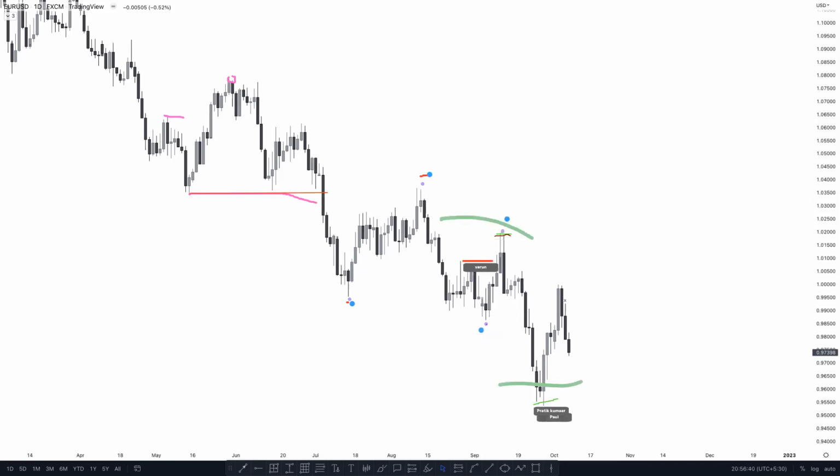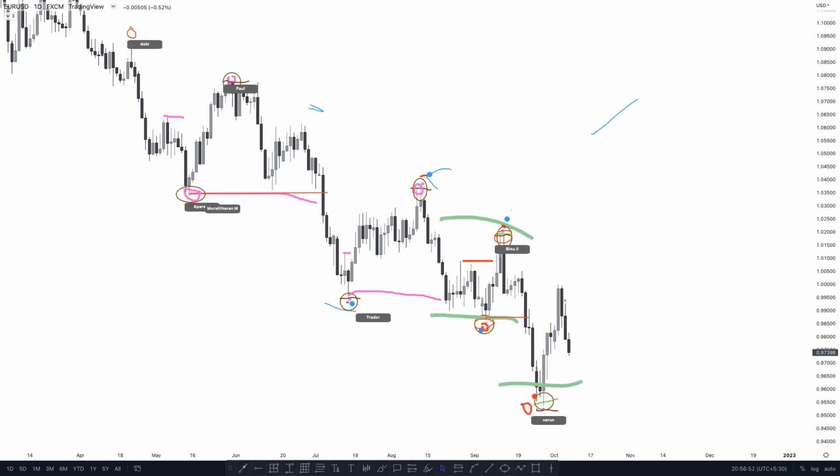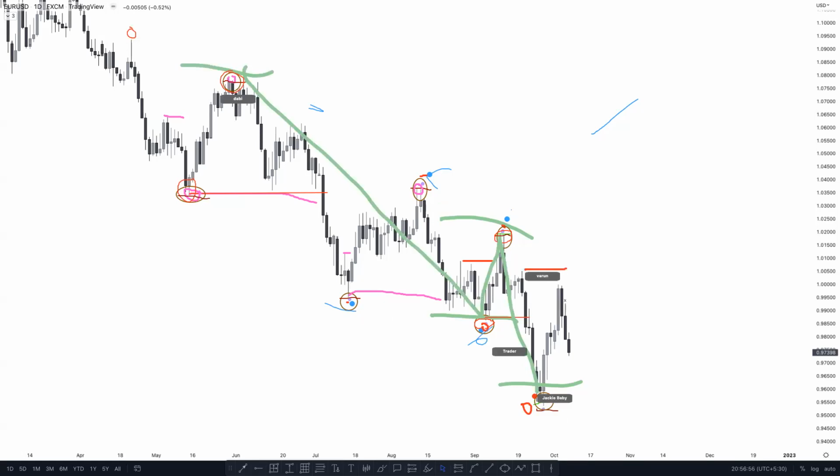Okay. And if you are new, and you don't know exactly, then you can avoid it, but try to mark the structure, but it's okay. Only mark the major high or low.